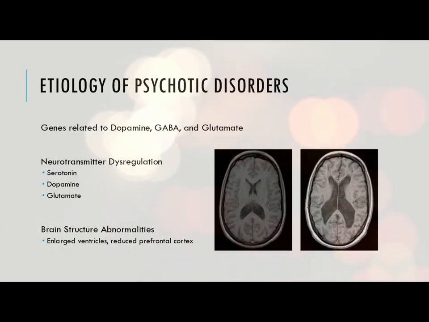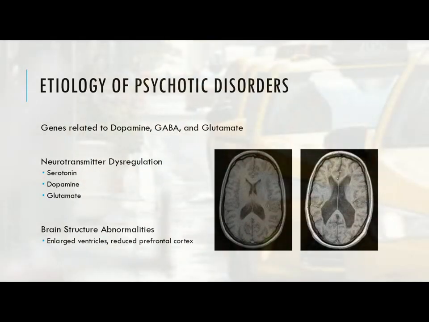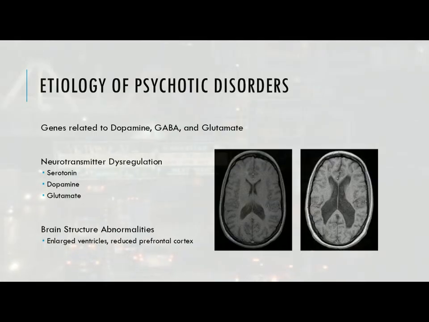The dopamine hypothesis is one of the most prominent theories, and this suggests that overactivity of dopamine in certain areas of the brain, like what we call the mesolimbic system, contributes to hallucinations and delusions, while underactivity in other regions, such as the prefrontal cortex, is associated with negative symptoms like lack of motivation or blunted affect.